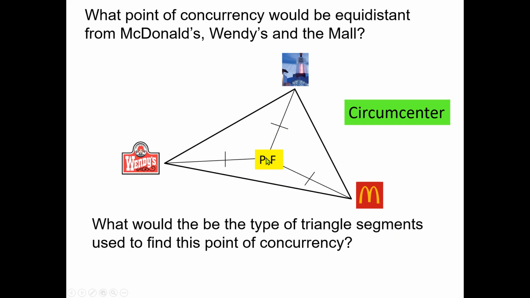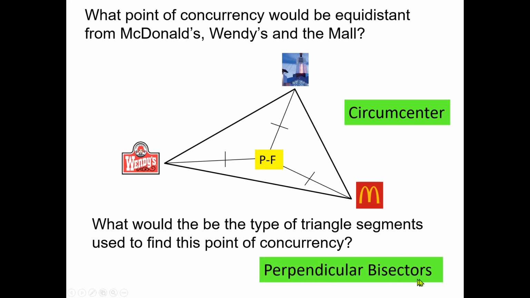Remember, it takes three of them to make a circumcenter. You would have perpendicular bisectors. You don't see them there because they're only referring to the three vertices that the circumcenter is equidistant to.